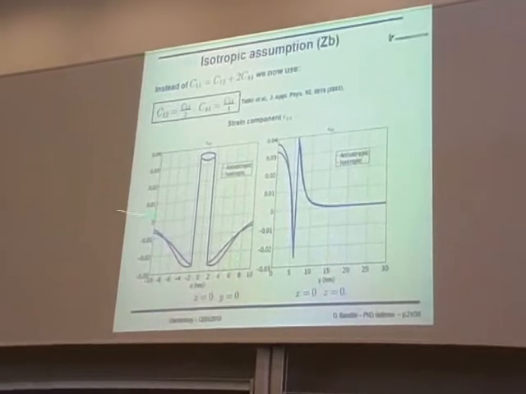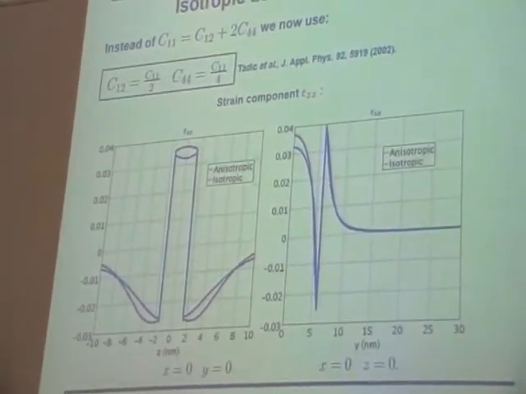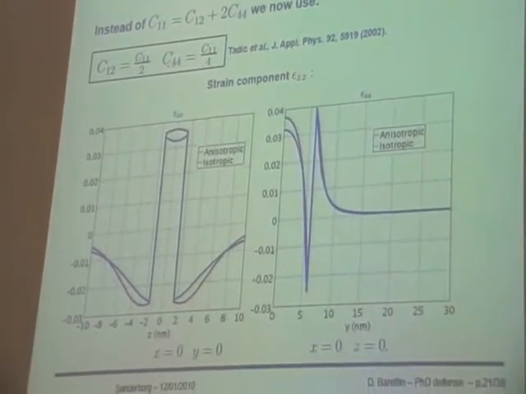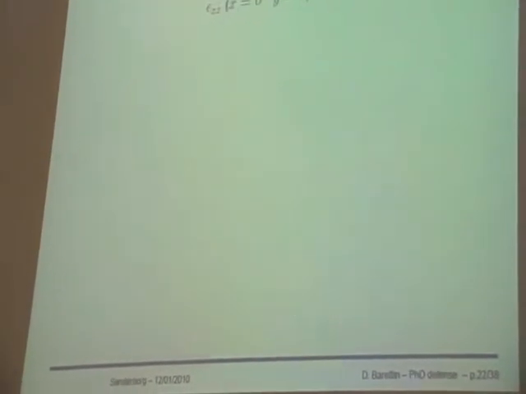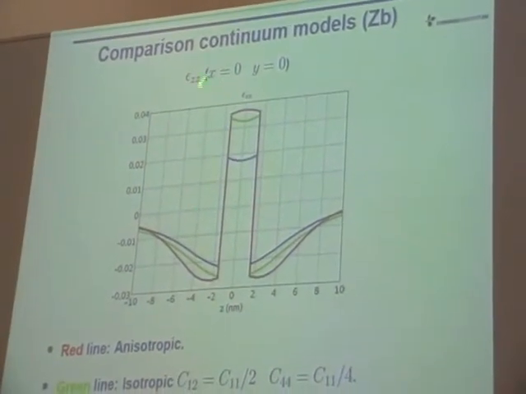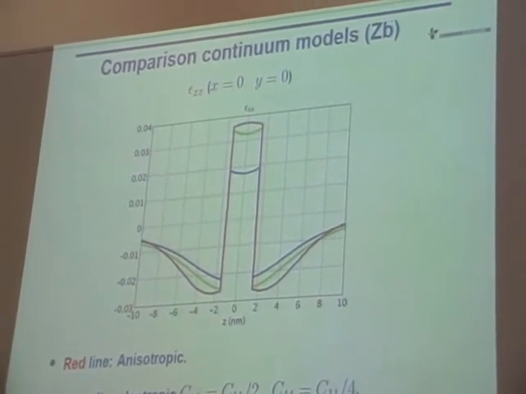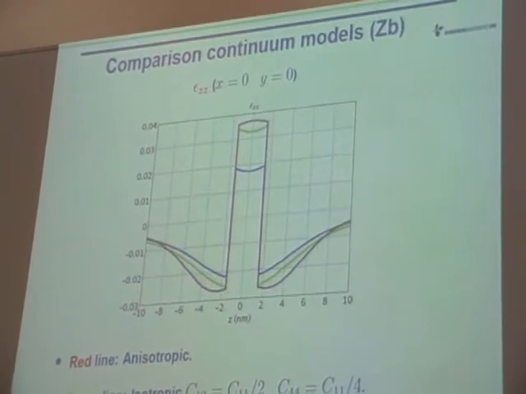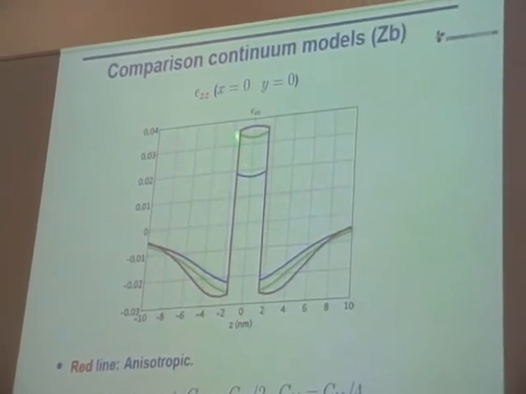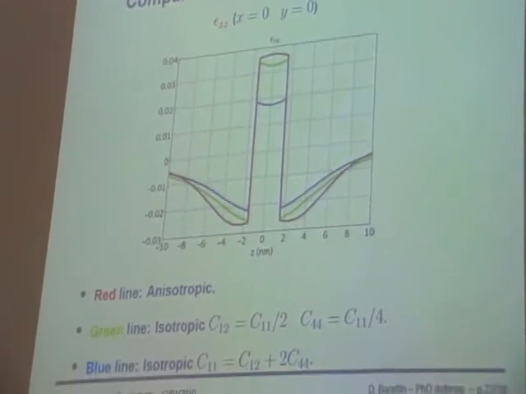We have a smaller error, even if there is a different slope in the middle of the dot, but we are very close, and we can see it better by comparing the three results together. Here we have the red one, which is the real anisotropic case, the green one, which is the two-dimensional model using the second assumption, and the blue one, the isotropic using the first assumption. You can see that the green is quite close to the three-dimensional case.